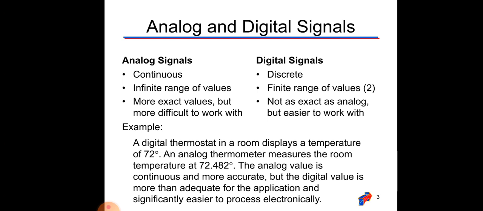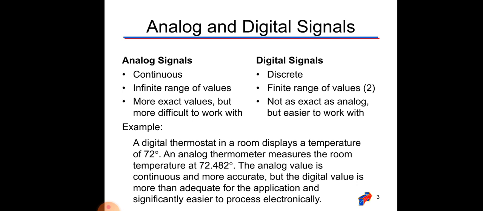The third point is more exact values but more difficult to work with. Analog signals are more exact. It means we can plot values like 2.3, 2.4 in analog signals, but in digital signals we cannot put an exact value; we only provide the data in the form of zeros and ones.